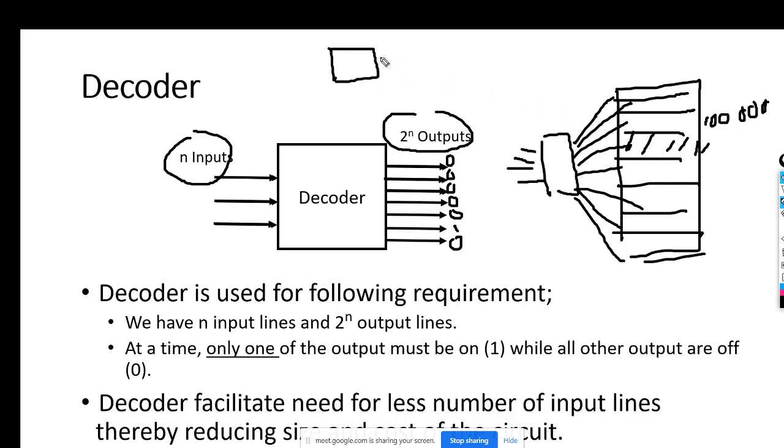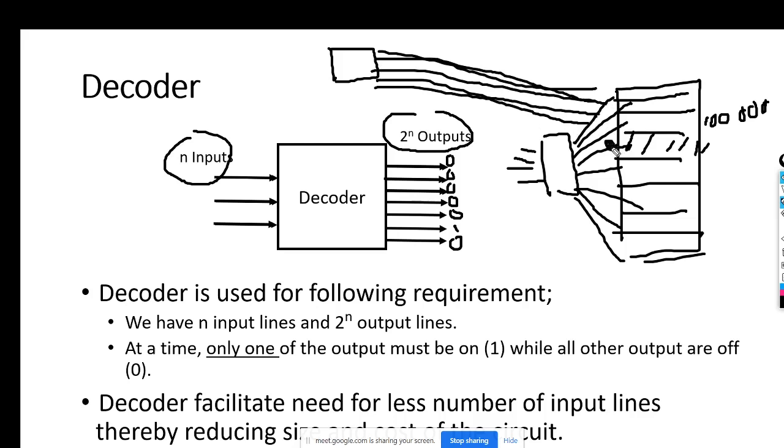One option is to have 100,000 lines, where the relevant line says you must now be one. But that is very costly.